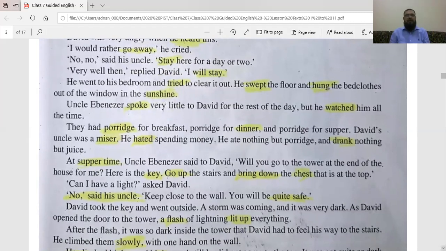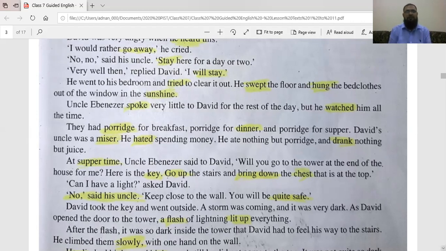"No, no," said his uncle. "Stay here for a day or two." "Very well then," replied David. "I will stay." He went to his bedroom and tried to clear it out. He swept the floor and hung the bedclothes out of the window in the sunshine.